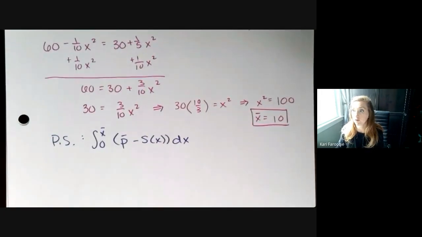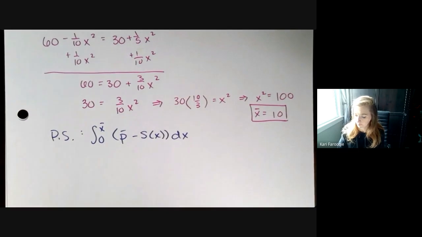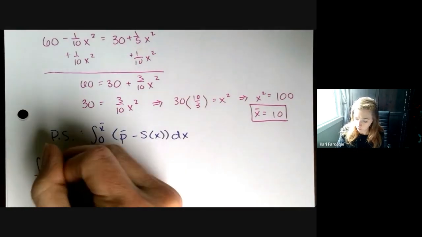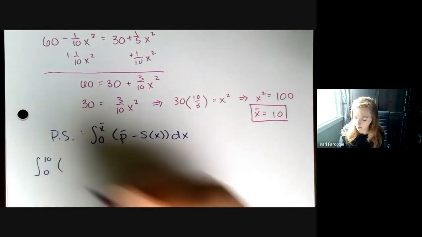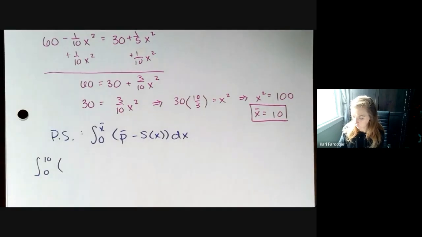That was given to you on the first page. So now we'll go from 0 to 10 of p bar, which is, where is our p bar? Oh yeah, this is actually the quantity. We should have found this first, but we did not. That's okay. We'll find it. Don't worry.